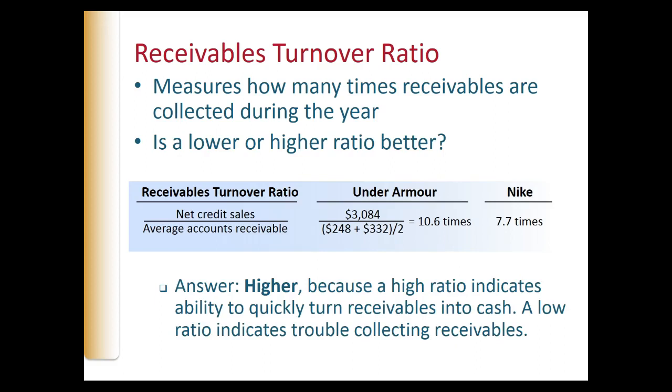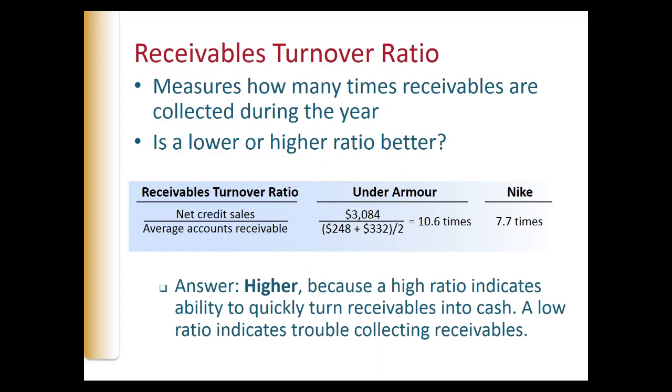Now, this slide shows the calculation of the receivables turnover ratio for Under Armour and compares it to Nike's. In calculating the receivables turnover ratio, we've assumed that Under Armour's sales are all credit sales. The bottom half of the fraction is the average accounts receivable during the year, calculated as beginning receivables plus ending receivables divided by 2.